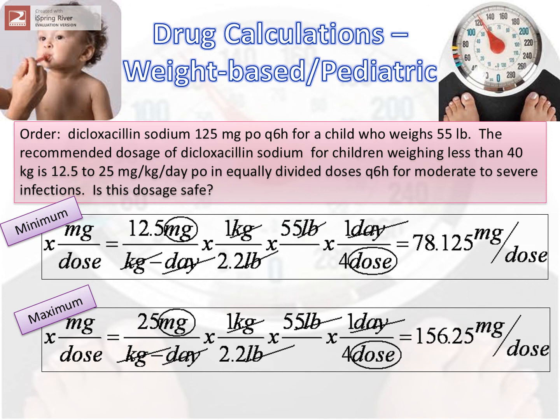So 25 milligrams per kilogram day times 1 kilogram over 2.2 pounds times 55 pounds times 1 day over 4 doses gives you 156.25 milligrams per dose, and that is more than the 125. So 125 fits in between the minimum and the maximum dosage, and so this dosage is safe.